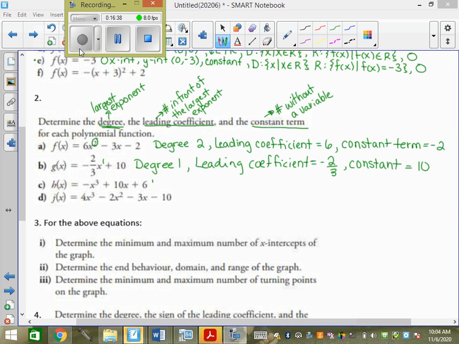What's the degree of C? Degree 3. What's my leading coefficient equal to? -1. Can I write LC equals on a test? No, I can't show from anything on tests, right? These are your notes. Can you write LC on your notes? Sure, they're your notes. And then the constant? What's the degree of D? Degree 3. What's my leading coefficient? 4. And what's my constant?